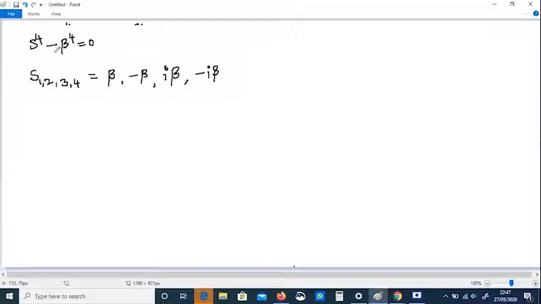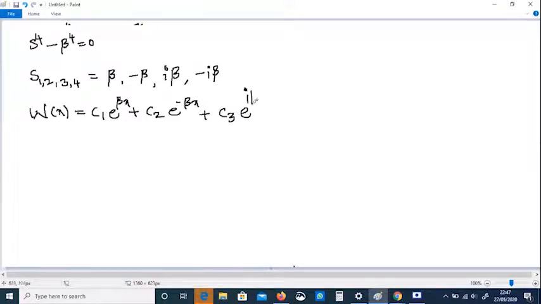Four solutions for this equation, which will give the final solution of w of x as c1 e to the power of beta x plus c2 e to the power of minus beta x plus c3 e to the power of i beta x plus c4 e to the power of minus i beta x. Right. So these are the possible solutions.